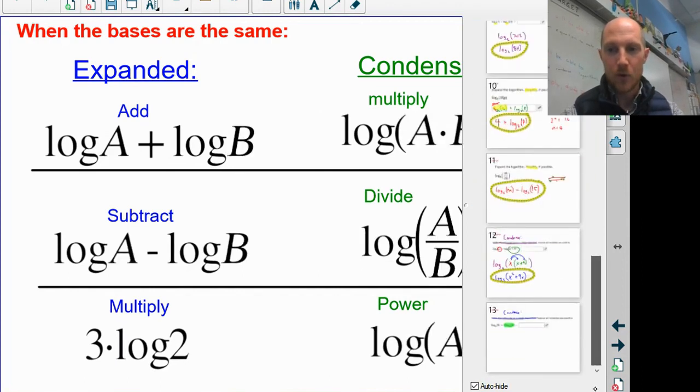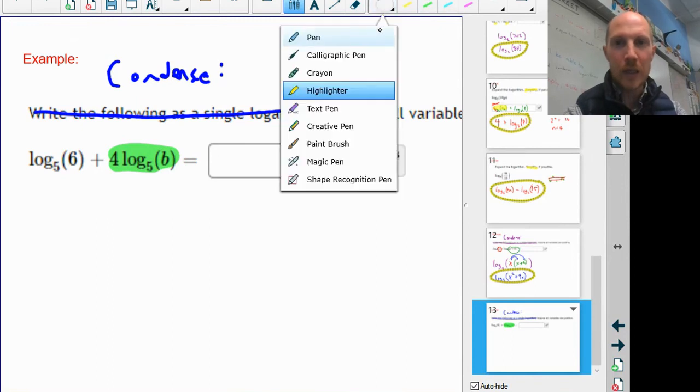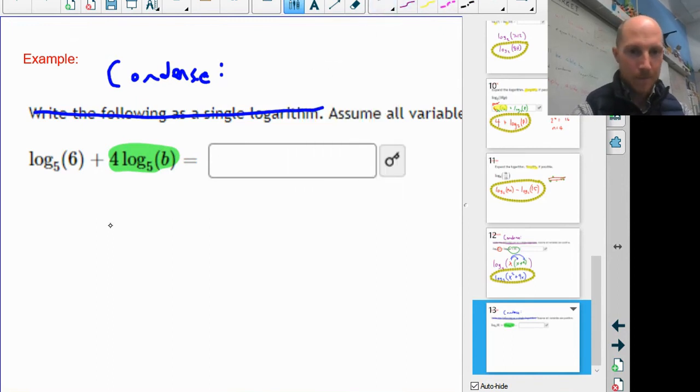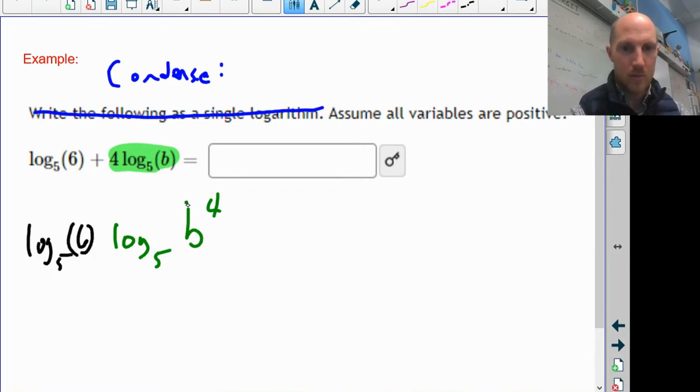Okay, so here goes. With that part highlighted in green, let's do this in 2 parts. Log base 5 of b to the power of 4. Right, and then, whoops, and then I got carried away with the other stuff here. I forgot my plus.